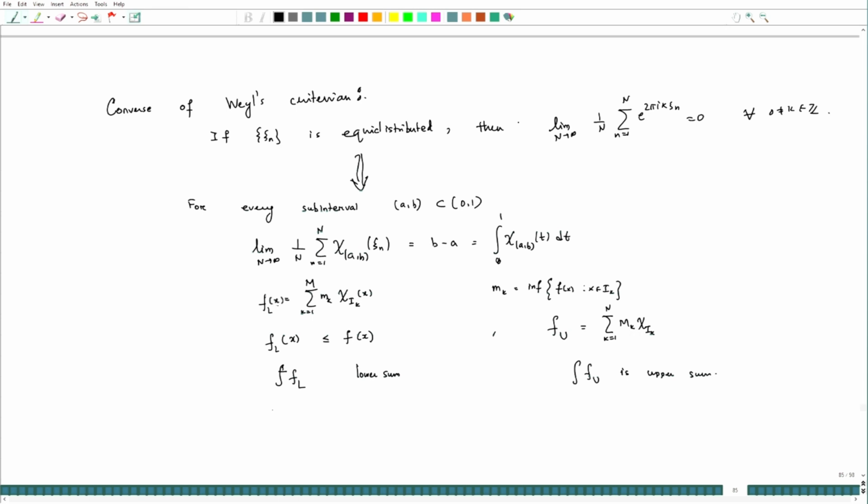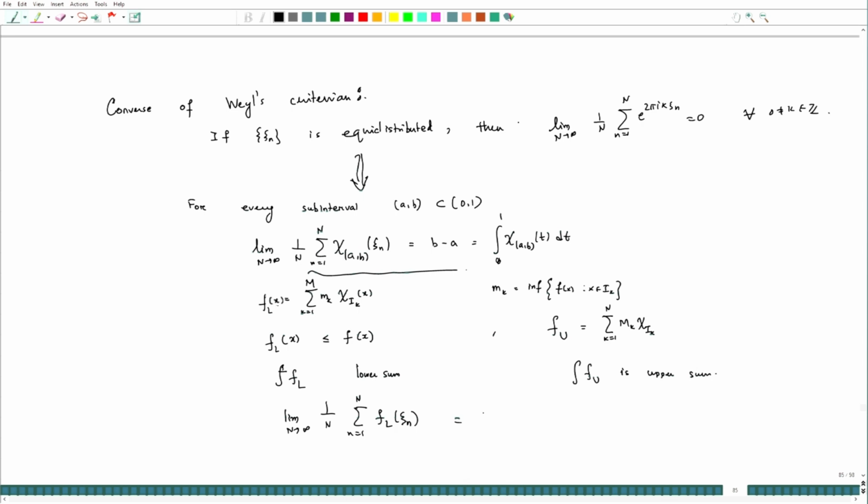Therefore, if I replace it in the interval 0 1 with this criterion, the limit as n goes to infinity of 1 over n times the sum of f l of xi n will converge to the Riemann sum, which gives the integral.